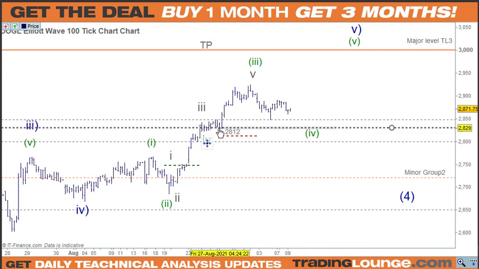That's also the wave 4 of one lesser degree. I've just moved that out of the way there. And it's also the 38.2% retracement level. So it's possible, if I take it from this top here, then we've got 1, 2, 3, 4, 5 here, so an ABC here. So it is possible for this market to move lower before it moves higher.